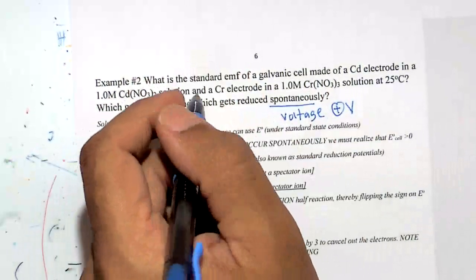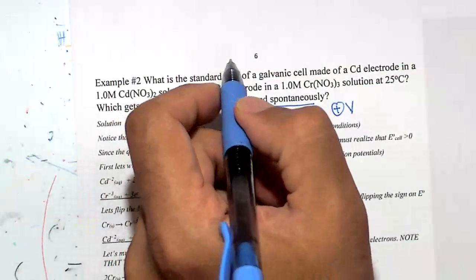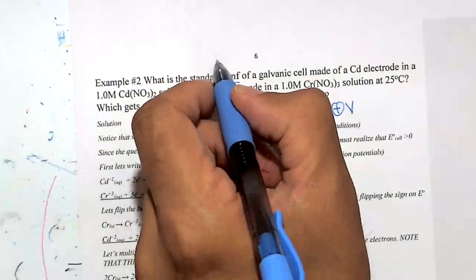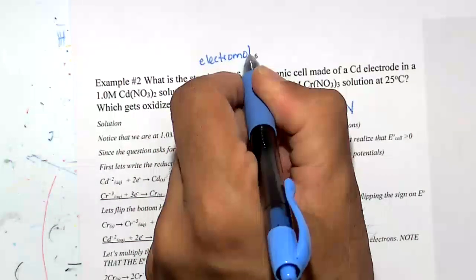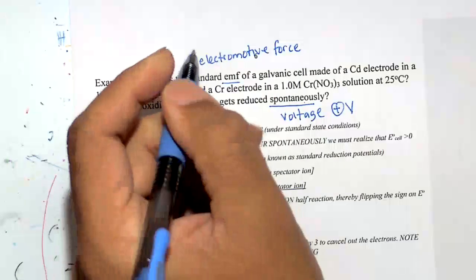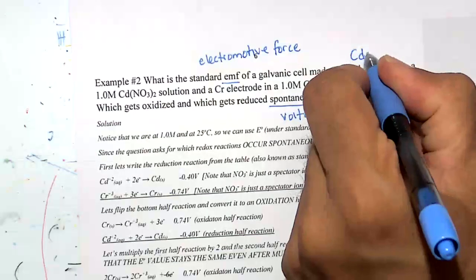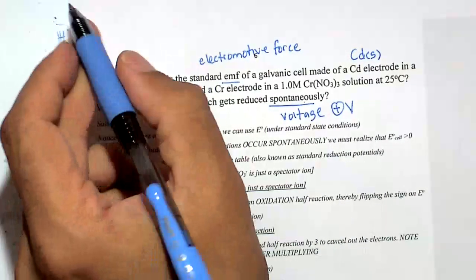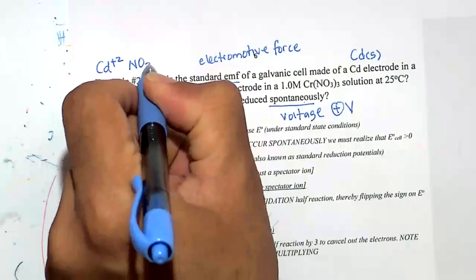And then what is EMF? EMF stands for electromotive force. This is just a fancy word for voltage, electromotive force. All right, a cadmium electrode, we're going to call that cadmium solid. Cadmium nitrate, we're going to have cadmium ion and nitrate ion.